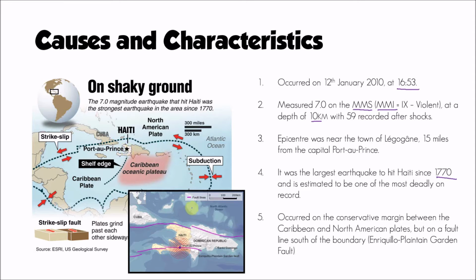Now, although the plate boundary itself runs to the north of Haiti, up here, the earthquake actually occurred on another fault line which was just further south, and it was this fault line that runs very close to the capital. The Enriquillo Plantain Garden Fault was the name of the fault line that it occurred on.